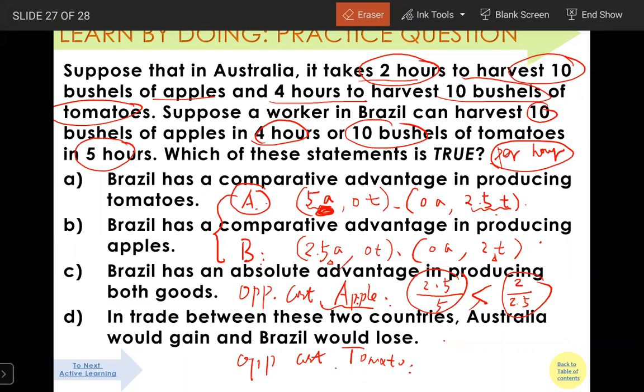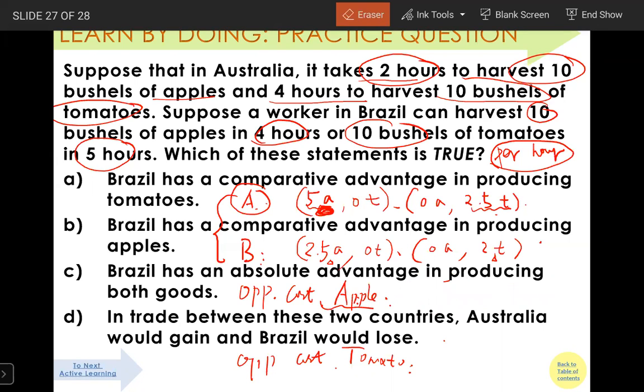Okay, opportunity cost of tomato. So opportunity cost of tomato in Australia. So in order to produce tomato, wait, sorry. I believe I flipped the sign. Now let's go back to apple again. I apologize.